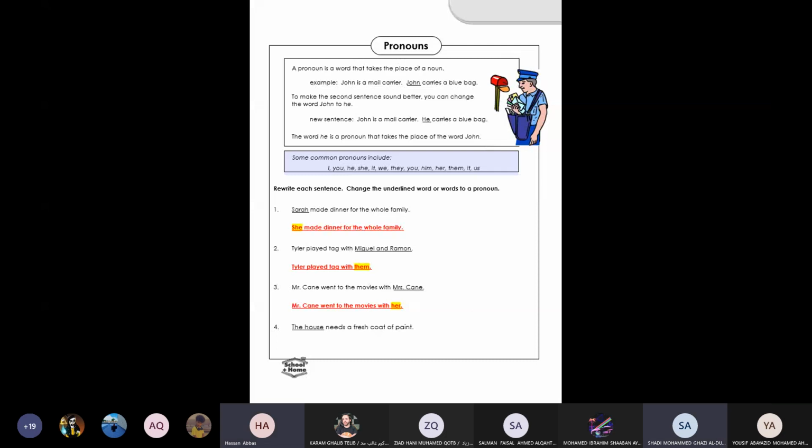Okay, excellent. So the non-living things, guys, we have no way to sort their genders, so that's why we use it instead. To not put yourself in trouble thinking about whether it is male, female, feminine, or masculine, you just need to use it. So it will be it.